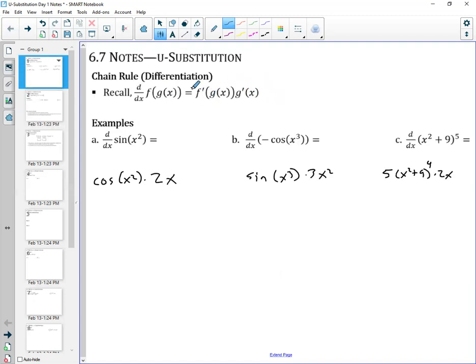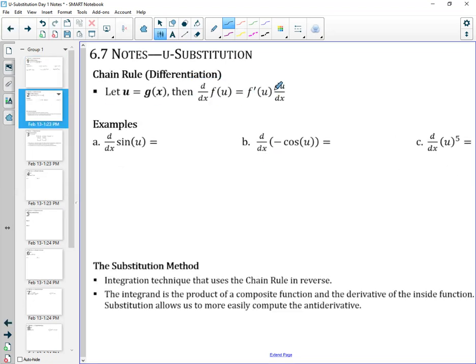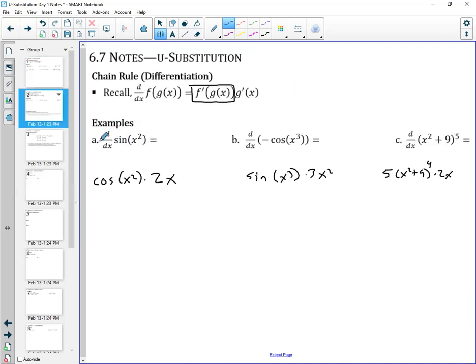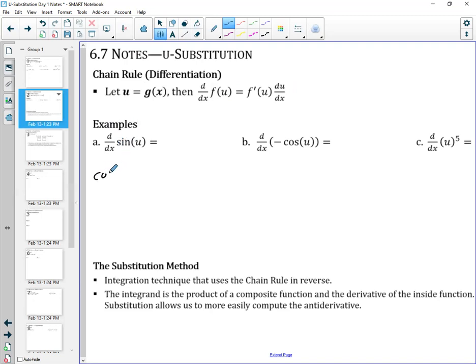That's this part: f prime at g of x is just f prime at u times the derivative of u. So the derivative of sine u is the derivative of the outside, cosine u, times du dx or u prime, whatever you want to call it, because it's always the derivative of the inside.